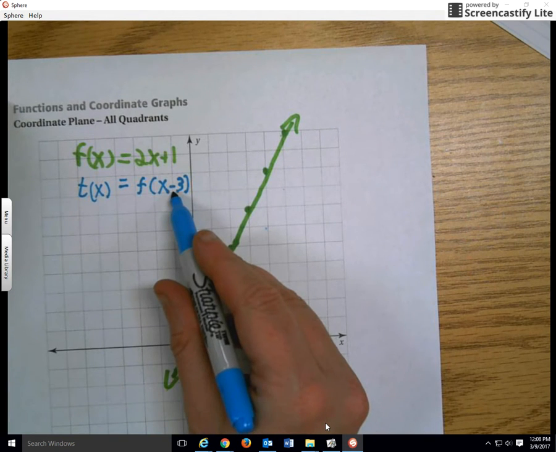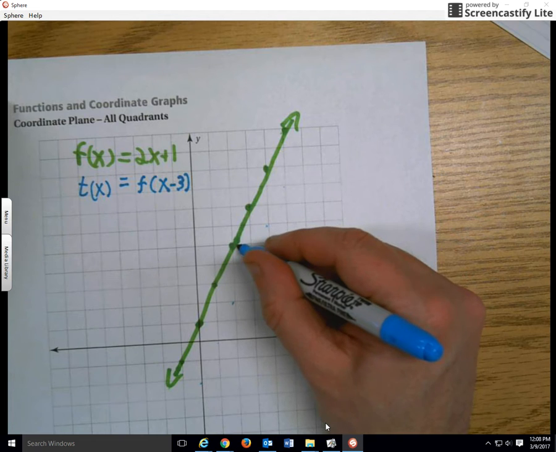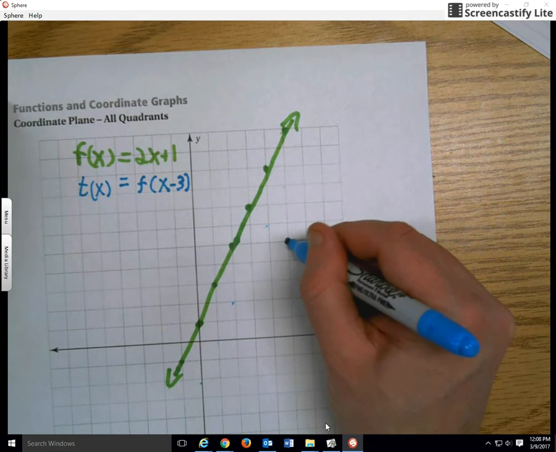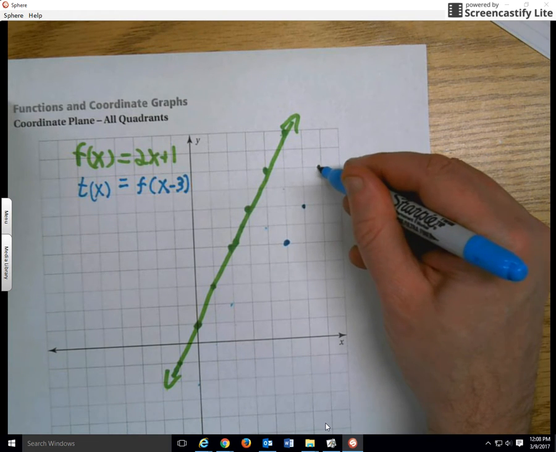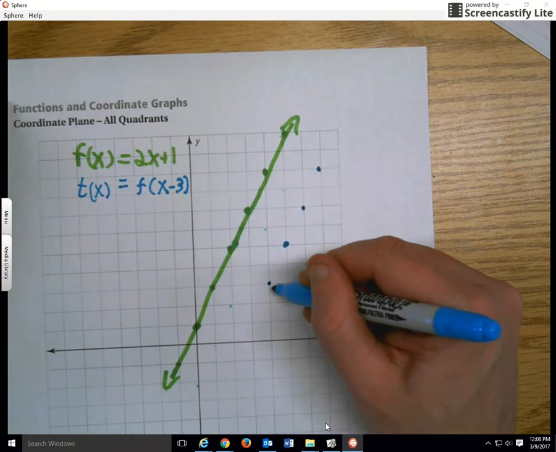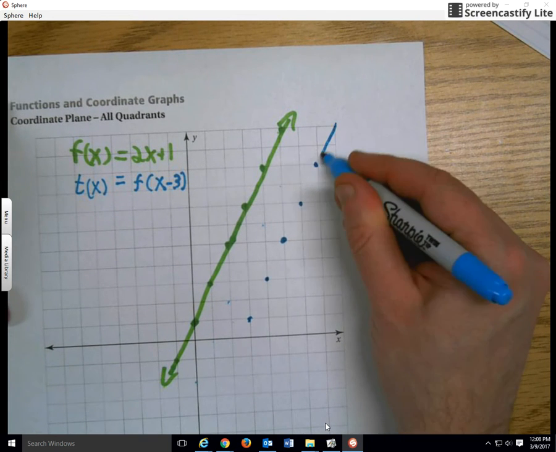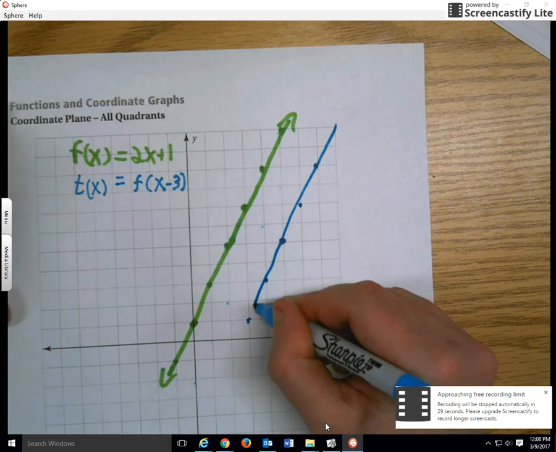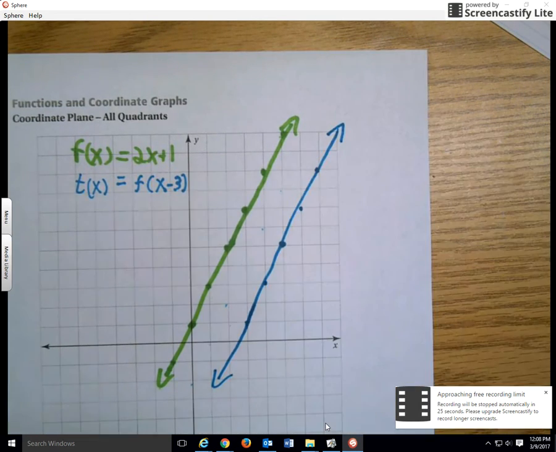And since it's negative 3, we're going to the right. So any point, 1, 2, 3. I'm just going to use the slope now. Up 2 over 1, down 2 over 1. That's pretty good. And there you have it. We translated the original line over 3 to the right.